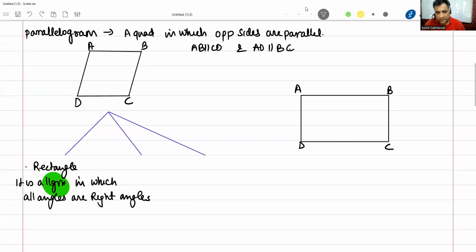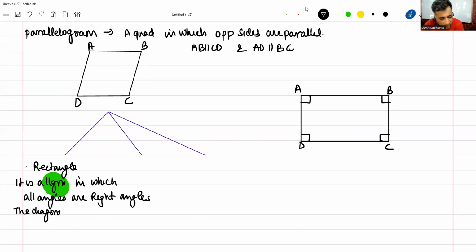So, what is a rectangle? It's a parallelogram in which all angles are right angles. So angle A, angle B, angle C, angle D, all are right angles. Okay. And there's one more property added to it. The diagonals are equal.